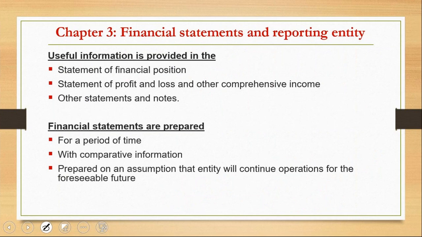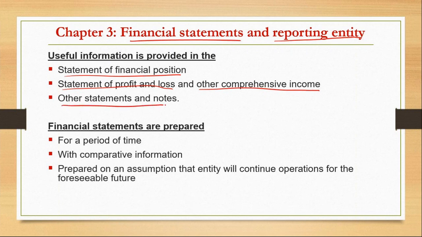Now chapter 3 is about the financial statements and the reporting entity. This is something very easy. It says that the useful information is provided in the statement of financial position, in the statement of profit and loss and the OCI, and other statements and notes. Other statements means the statement of cash flows and the statement of changes in equity.